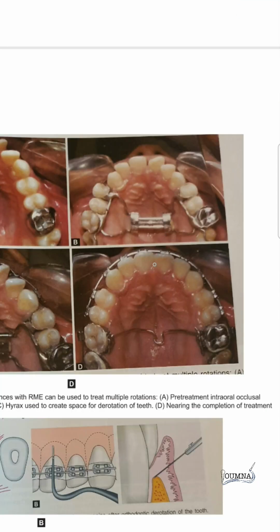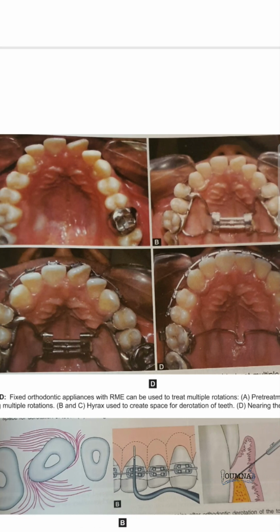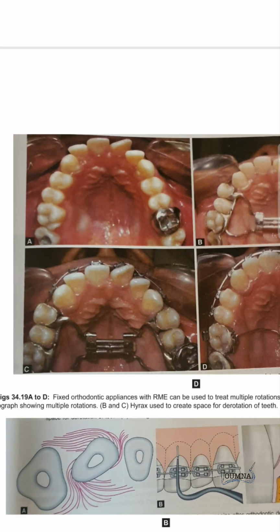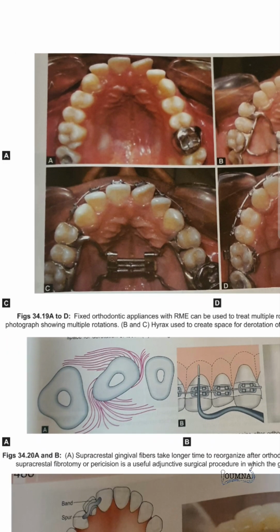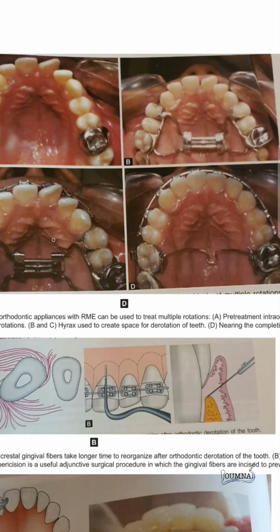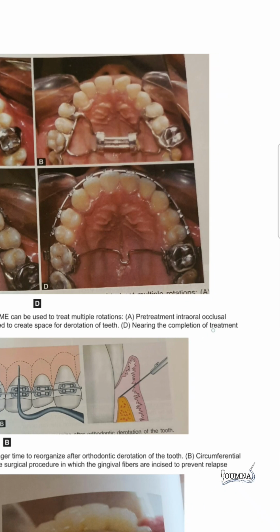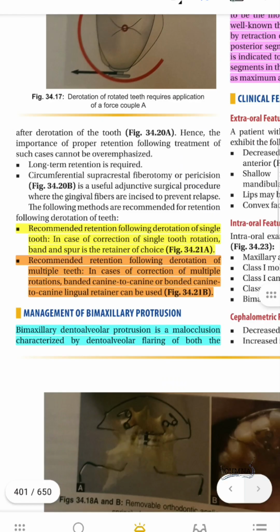If you want to treat multiple rotations, a fixed orthodontic appliance is used. We first do an expansion for the arch using the Hyrax to create space for derotation of the teeth, and then we narrow the teeth and align them properly.